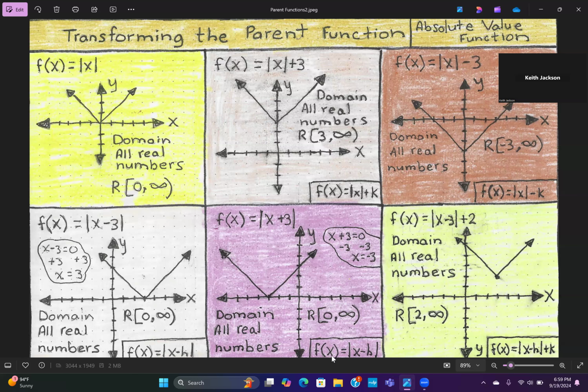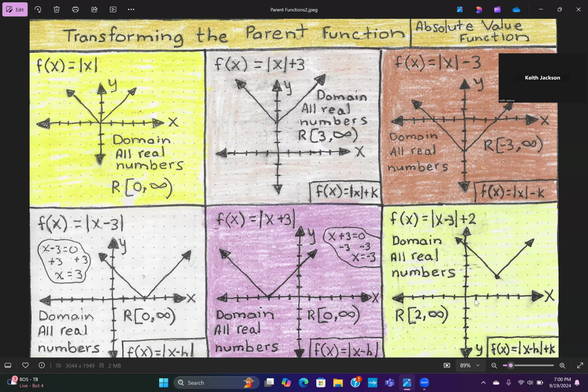We have our function of x is equal to the absolute value of x minus h. And finally, we have our function of x is equal to the absolute value of x minus 3 plus 2. See, now we're instituting the h and the k. And here's what's going to happen when we do that. If we set x minus 3 is equal to 0, we're going to discover that x is going to equal positive 3.